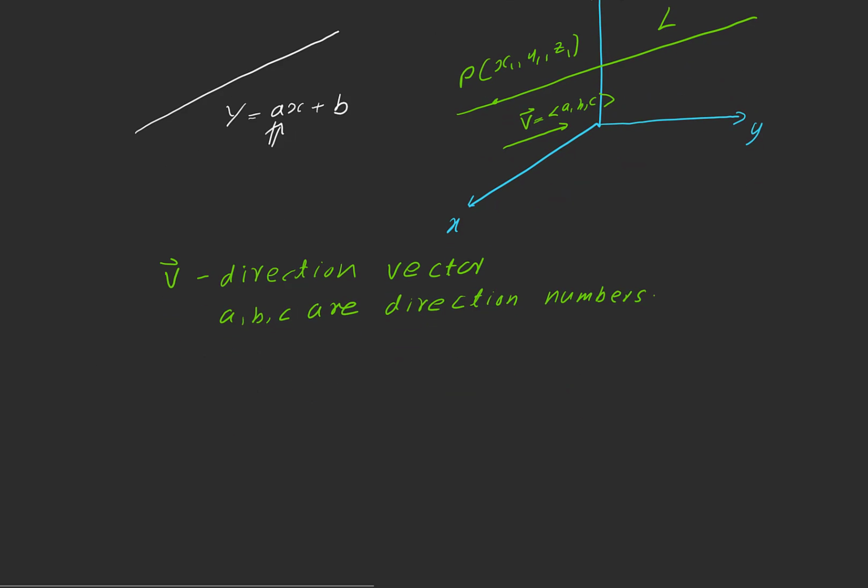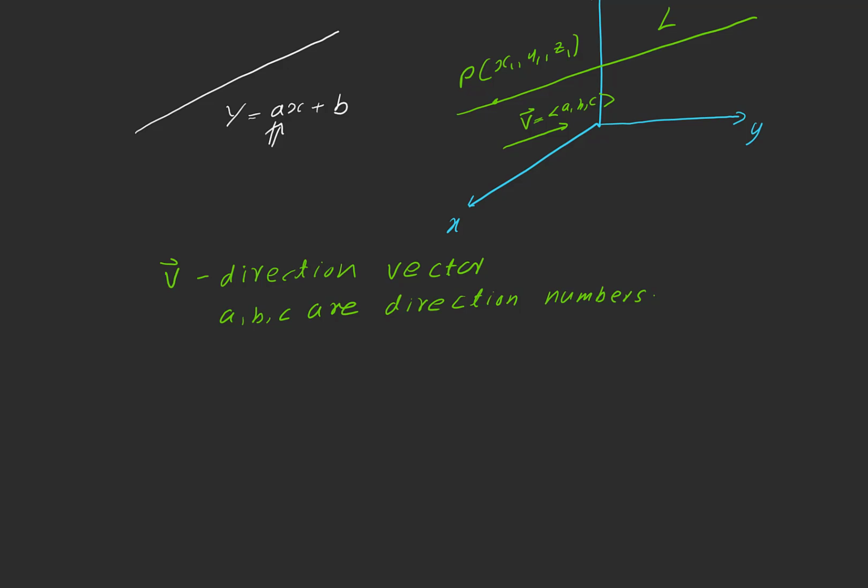Since line L is parallel to V, any vector on the line has to be a scalar multiple of the direction vector.